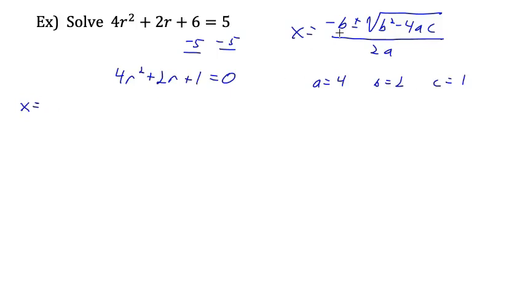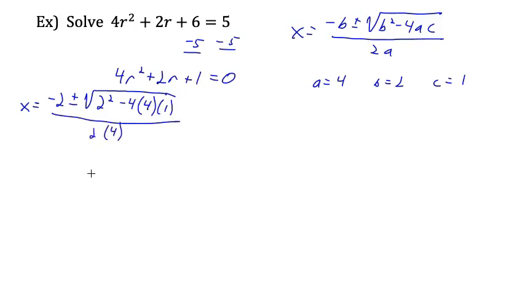So x equals the opposite of b plus or minus the square root of b squared minus 4 times a times c, all that over 2 times a.